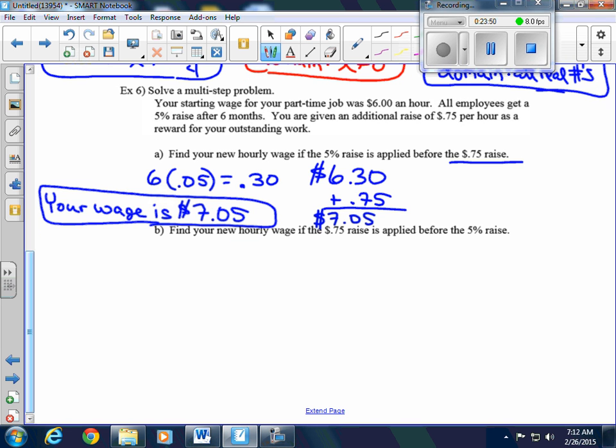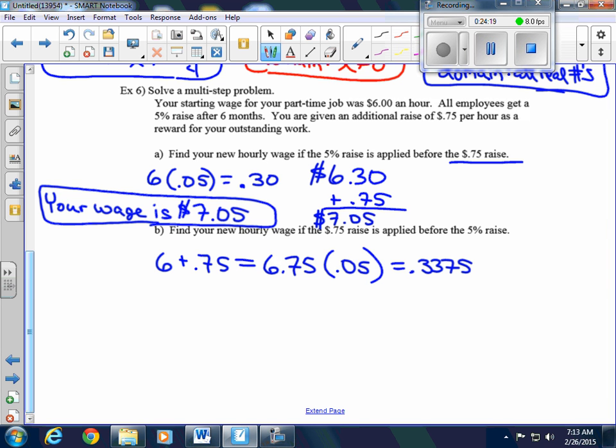So again, you start at a salary of $6, but you're going to add the 0.75 right away. So now you're at $6.75. On top of that, here's your $6.75, you got a 5% raise just because you do. And so that is 0.3375.